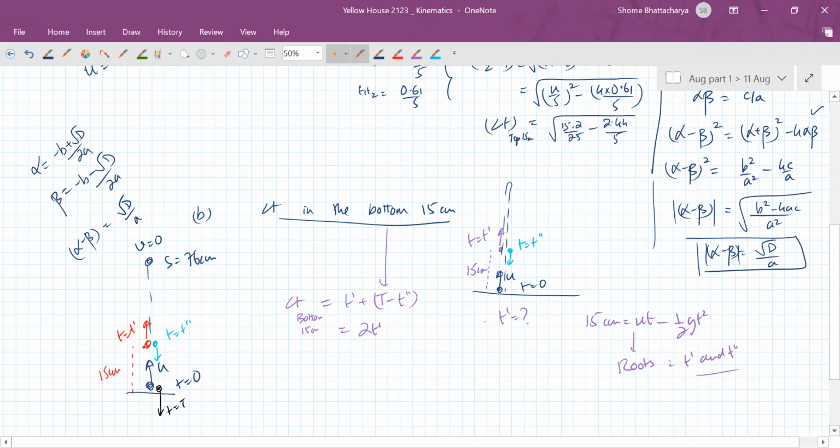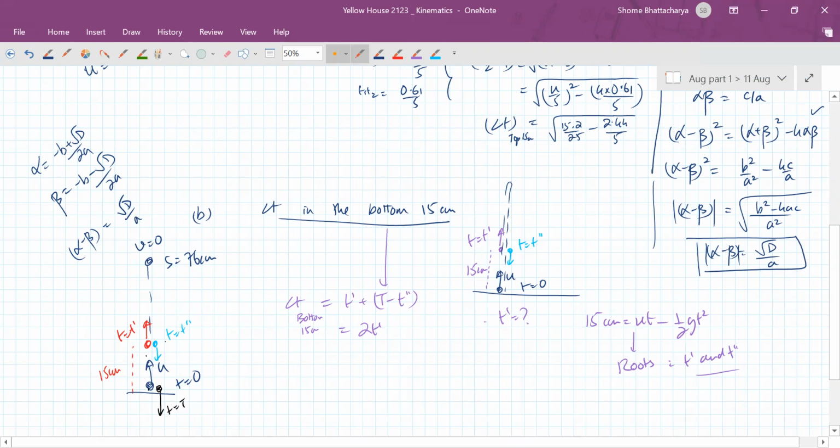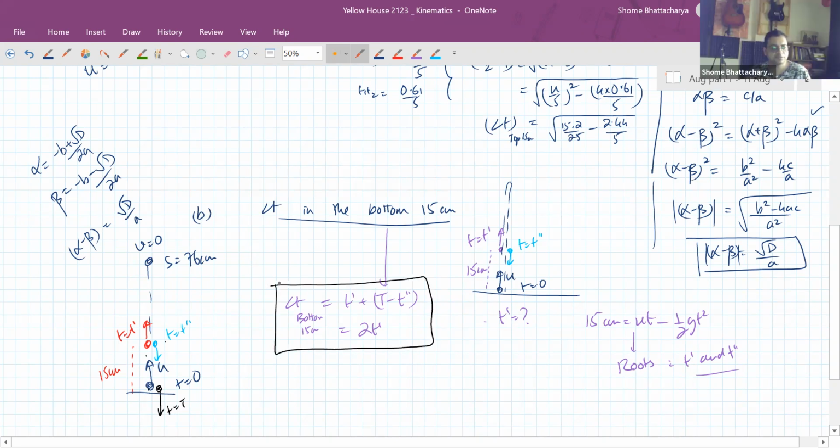Now if I ask you how much time you're spending in the bottom 15 centimeters, that is the time from 0 to t prime, and then again later from t double prime to capital T. That is the total time you're spending at a distance between 0 and 15 centimeters from the ground. So the total time is t prime plus capital T minus t double prime.